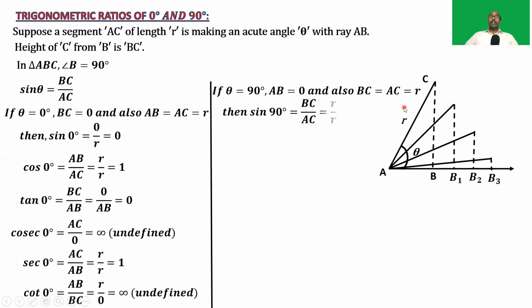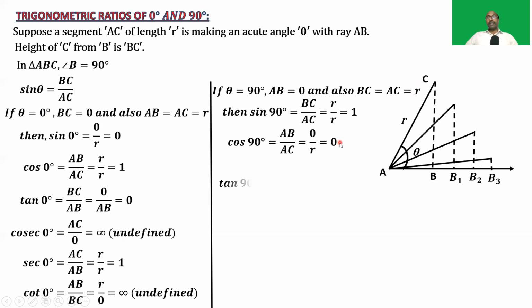Now sin 90 degrees. According to this triangle ABC, sin 90 degrees is equal to BC by AC, that is opposite by hypotenuse. BC becomes R and AC is also R. So sin 90 degrees is equal to 1.